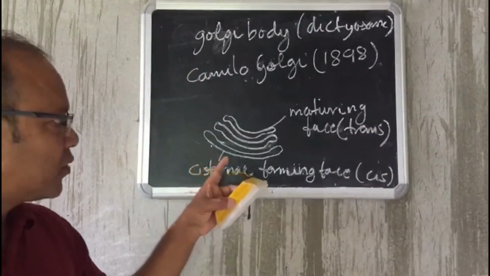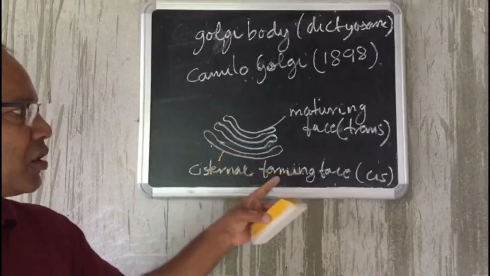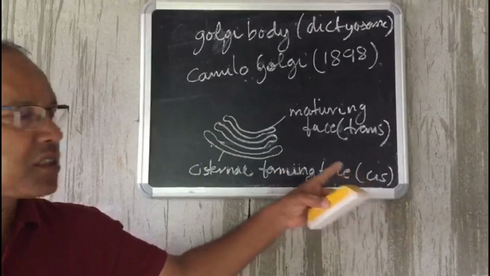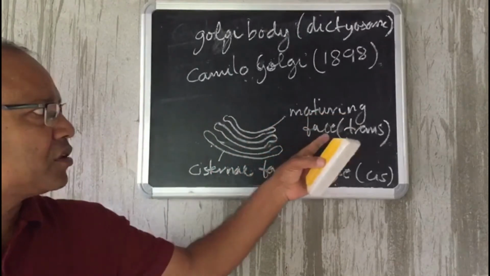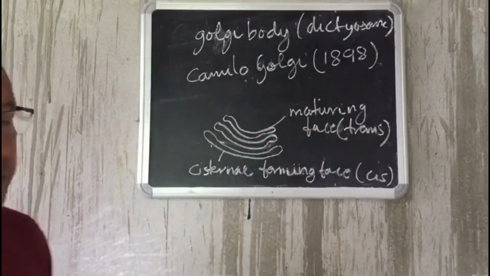The convex face is called the forming face or the cis face, and the inner concave face is called the maturing face or the trans.